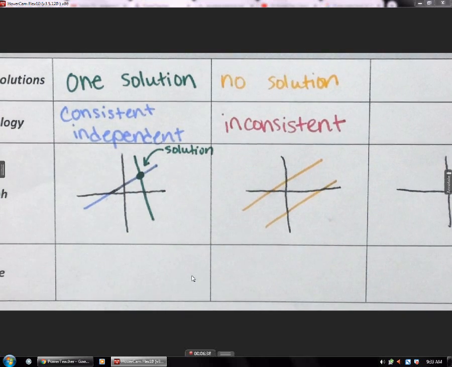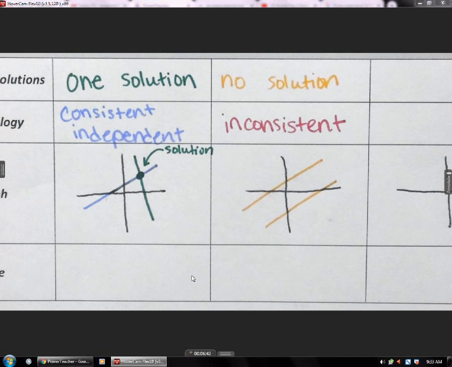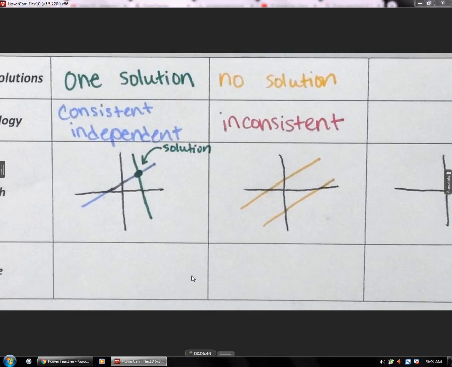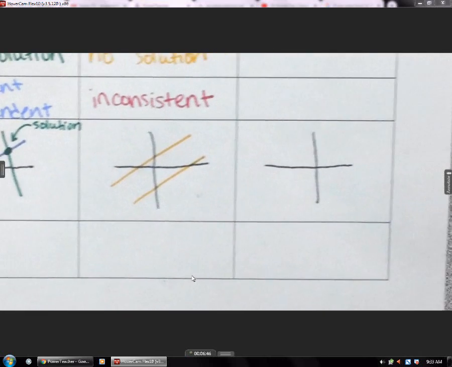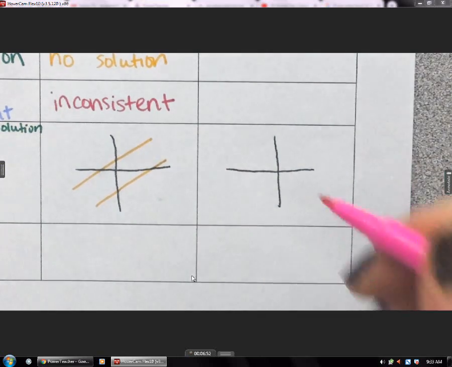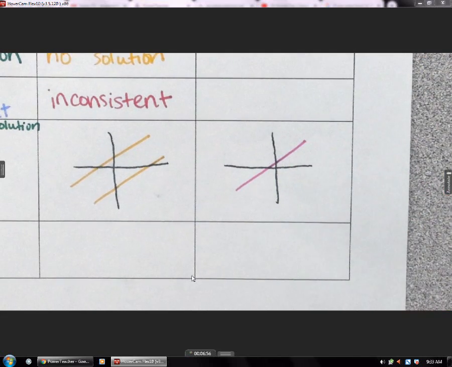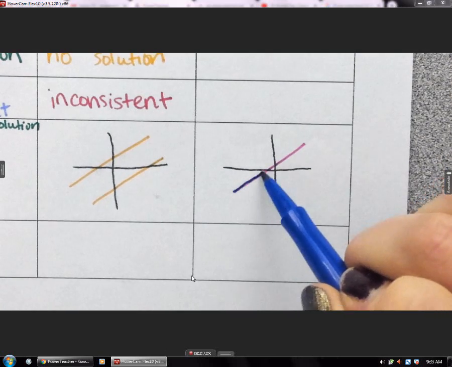And what's the last one we had? Yeah, when they're one straight line. So I want you to pause in your writing for just a second and look up here because I'm going to show you this, but you can't see it when you're writing. So it's like you have one graph like this. So here's my first line. And then it's like you take another graph, a different quote-unquote equation, and it graphs it on top of that same line.